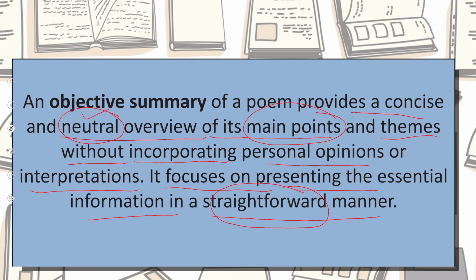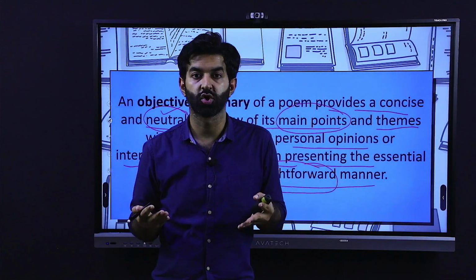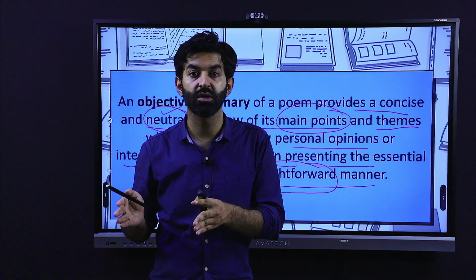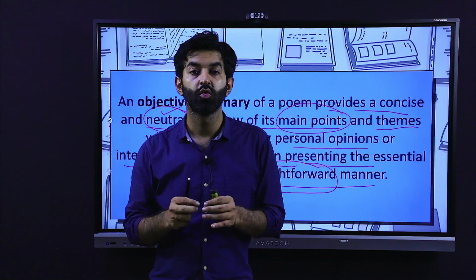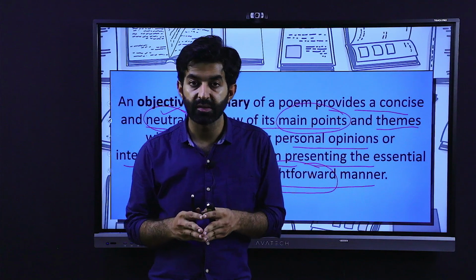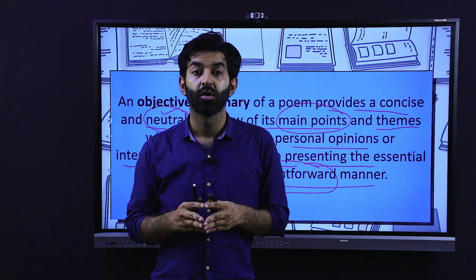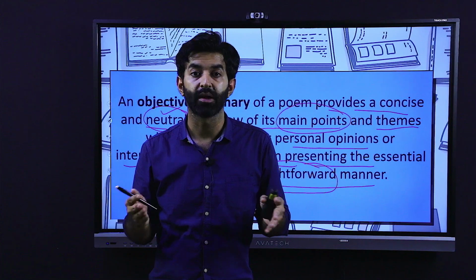That means you work as an agent and present the text in a summarizing way. Without taking any side, you have to be neutral, leave all your opinions and interpretations, and do not include your personal biases in the text.